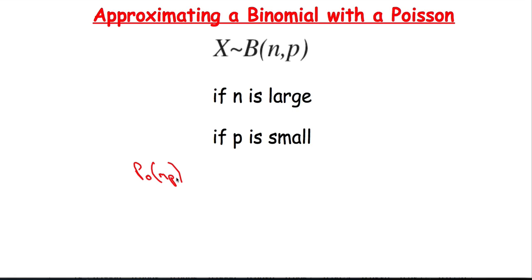Where that comes from is the fact that in a Poisson distribution, lambda equals the mean mu, and in a binomial distribution, the mean mu is the same as n times p. So let's have a look at this in action now.